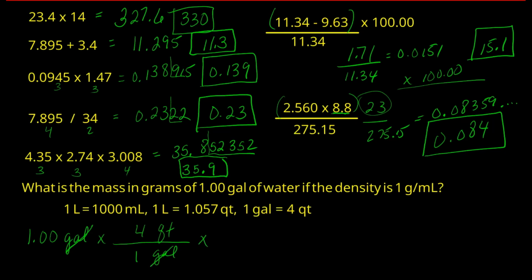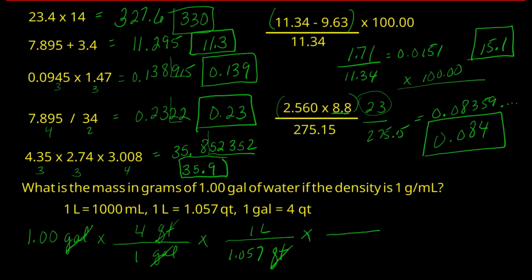Okay. I know that 1 liter is equal to 1.057 quarts. The quarts on top, I need to put quarts on the bottom. 1 liter goes on top, so it'll be 1.057. Quart cancels quarts. Now my liters.